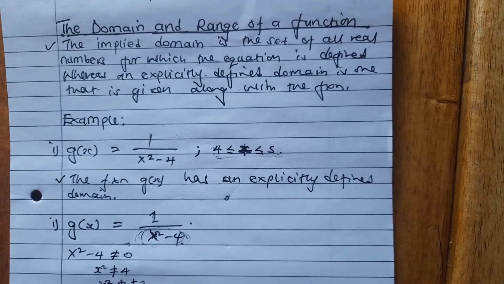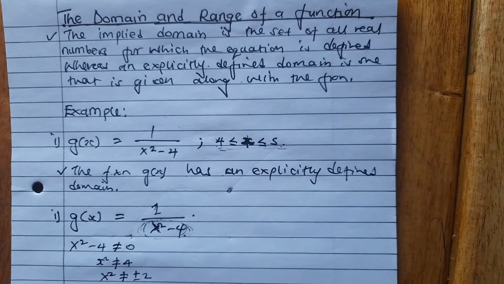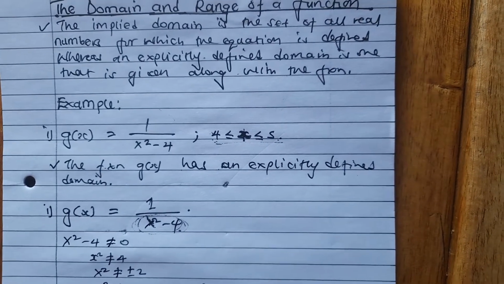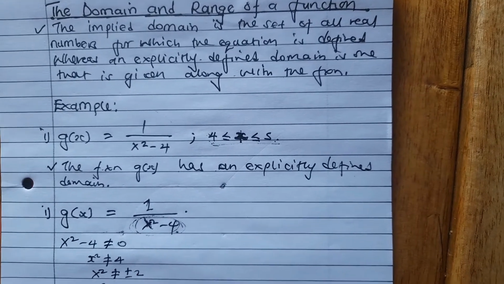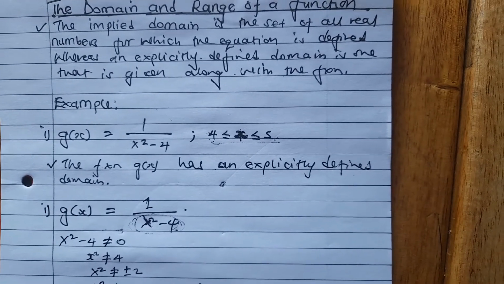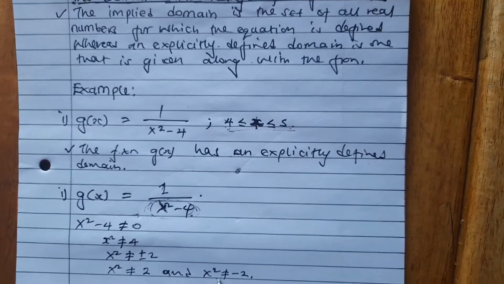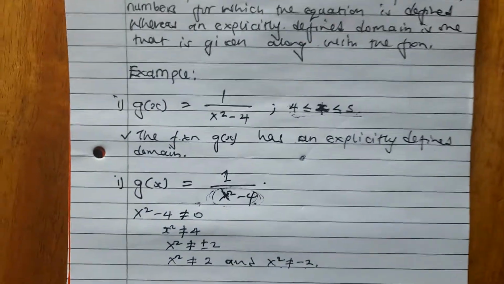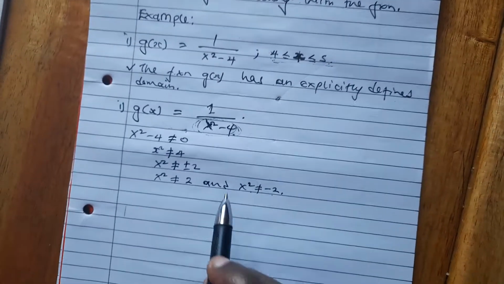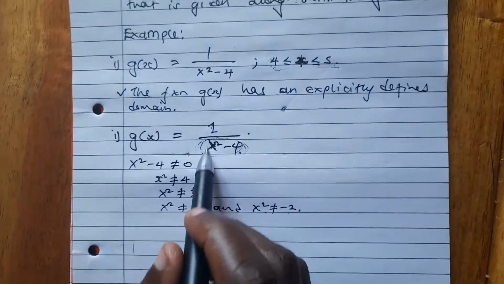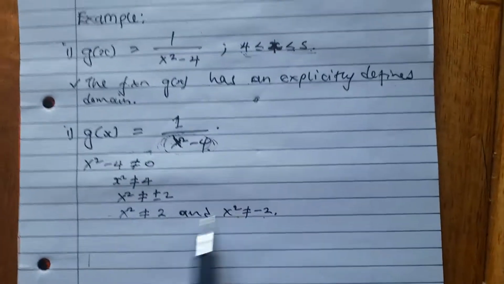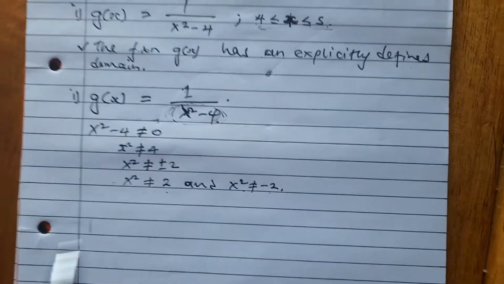So x cannot be 2 and x cannot be negative 2. You realize that these two are excluded from the input values, and that is how we get the domain, such that the domain of this function will be the set of all real numbers except 2 and negative 2.